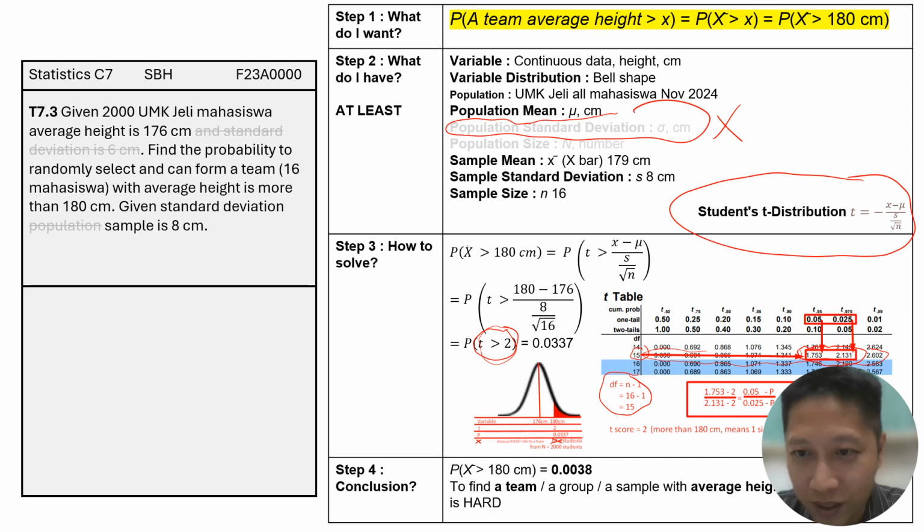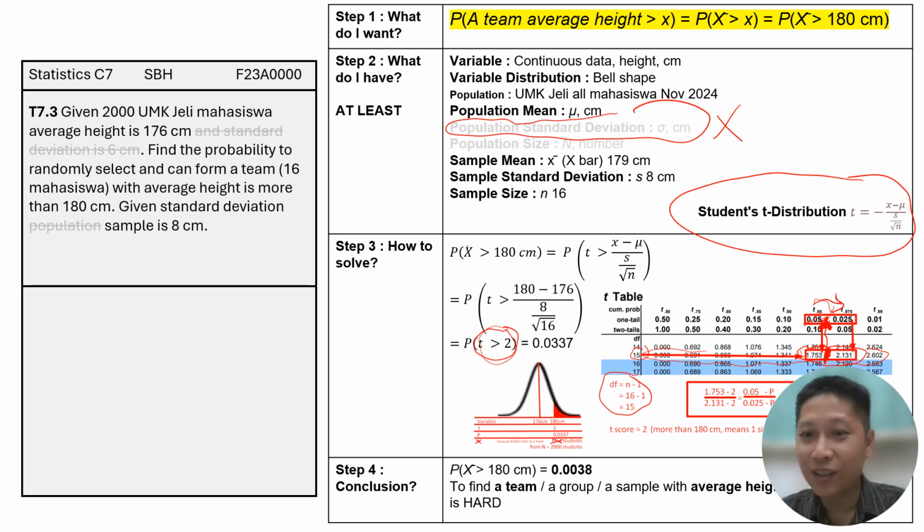Now 2 is between here. The difficult part is to make the 2 reflect as the probability here. The probability for this problem will be between 0.05 until 0.025.